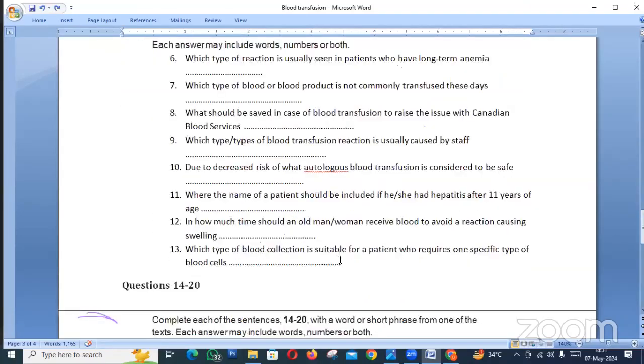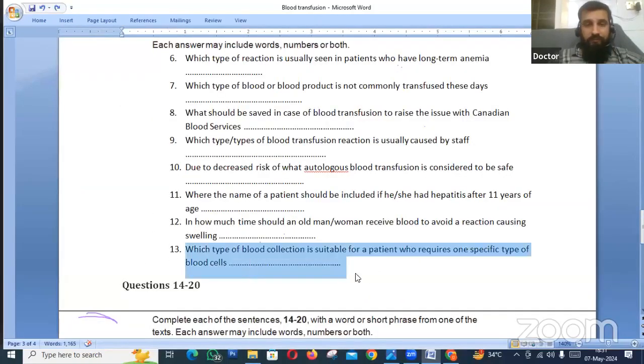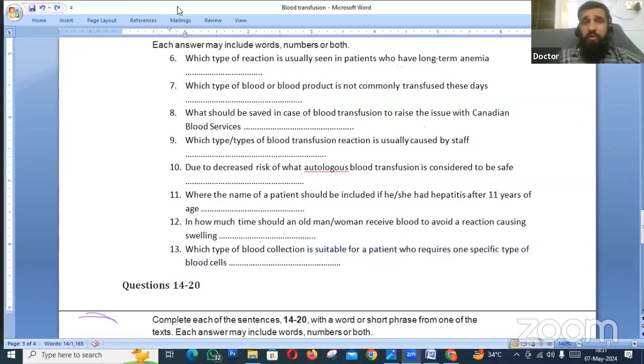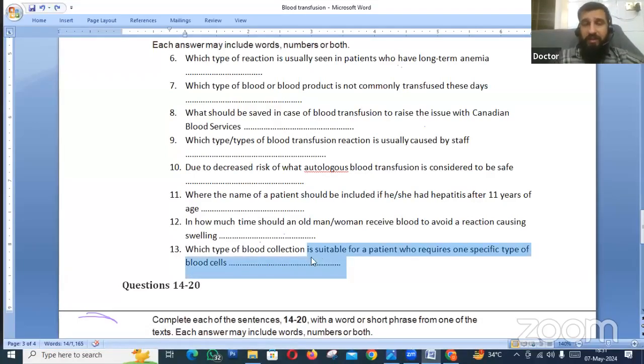Good, excellent. Okay, so next question: which type of blood collection is so? Before even reading the next part, which type of blood collection? Always remember the examiner will give you some clue so that you can reach the text, out of the 4 texts A, B, C, or D. So what clue am I giving? Which type of blood collection?